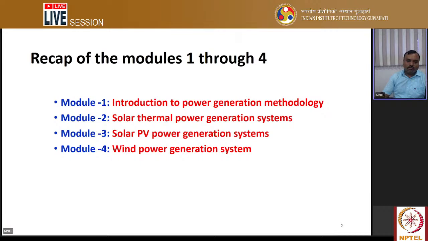And in module 4, exclusively, we have discussed wind power generation systems.